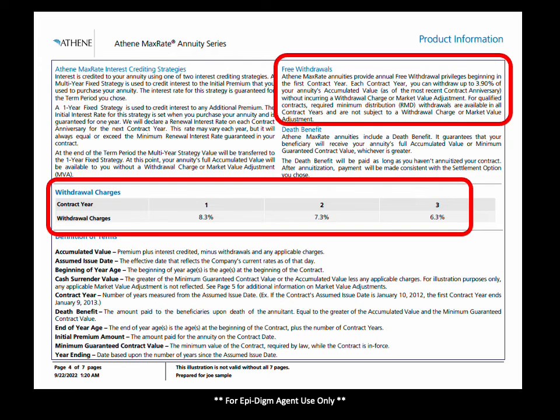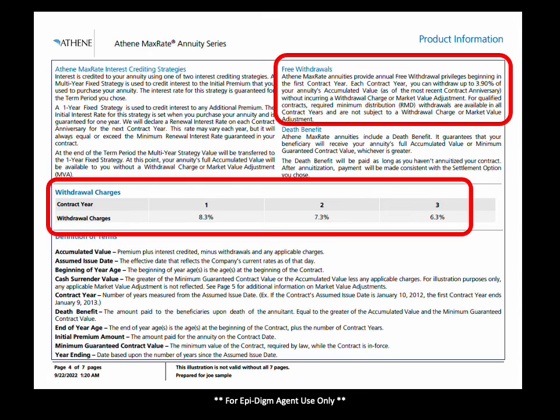Athene Max Rate Annuity provides annual free withdrawal privilege beginning in the first contract year. Each contract year, you can withdraw up to 3.9% of your annuity's accumulated value. How much was Enico's? 10%.